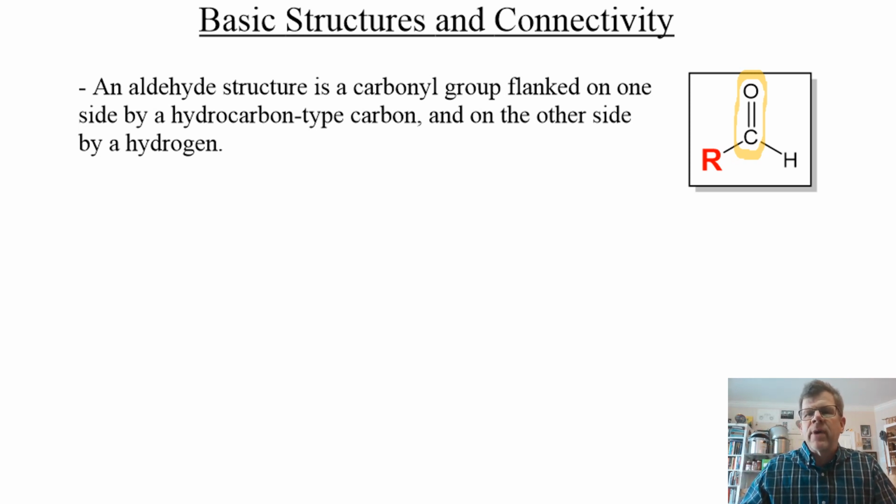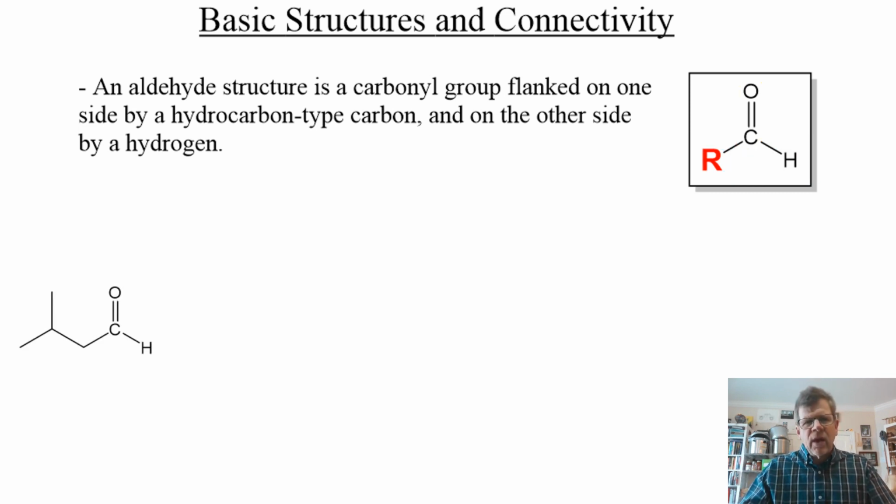So if we have a carbonyl which is flanked on one side by a hydrocarbon type carbon, given as R there, and on the other side with a hydrogen, as shown here, then we definitely have what is known as an aldehyde.